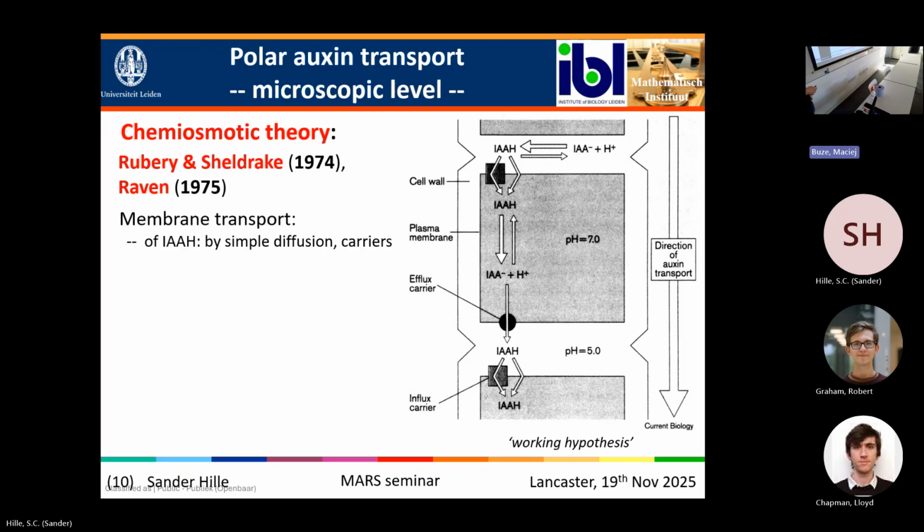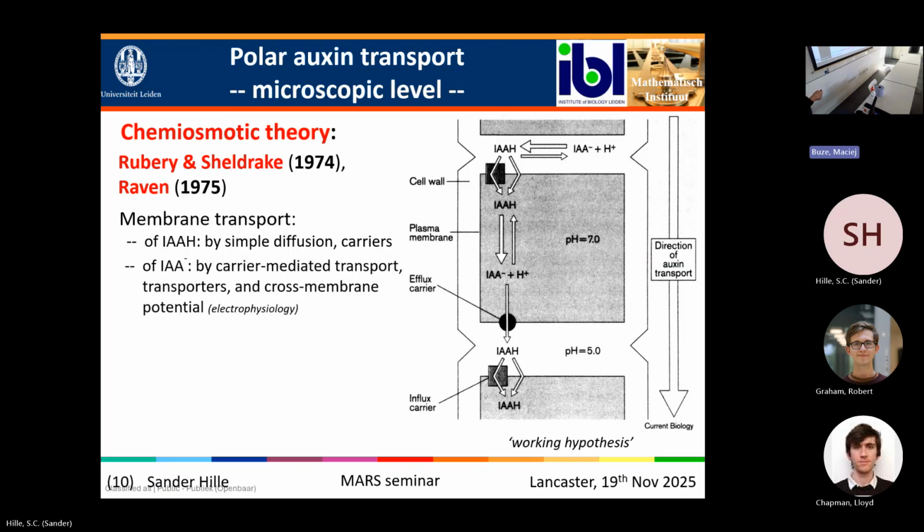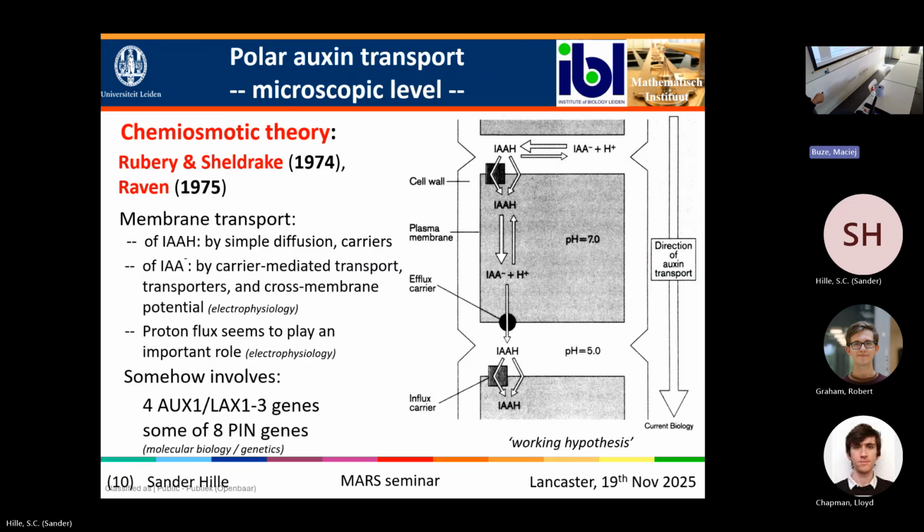If you then put molecular biology on top, you have carriers that facilitate the transport. You have actually two parts that are important. You have one, the red family of AUX/LAX proteins, that pump auxin into the cell, essentially in the protonated form, you could say.